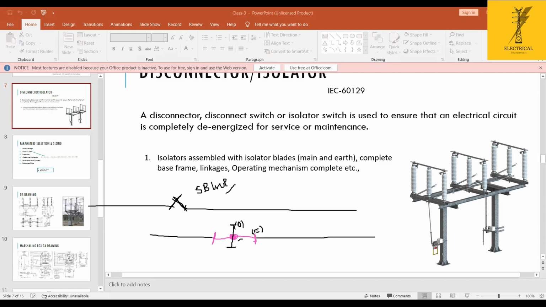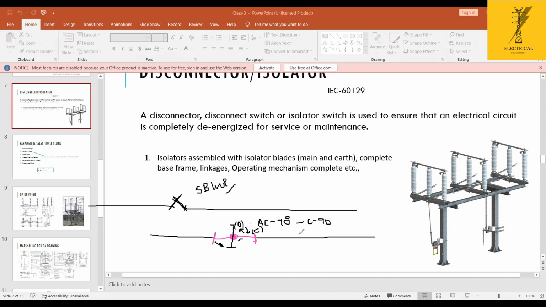The isolator opens in this direction and closes in this direction. This blade moves towards this, and it appears here in the open position. And when I want to close, again reverse.